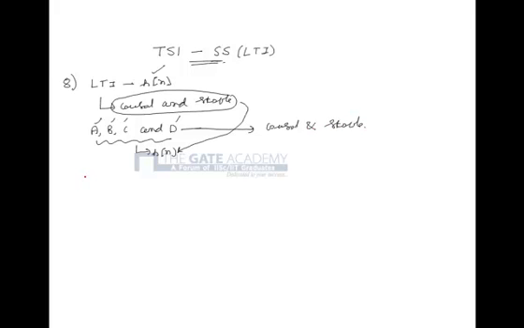So if a system is causal, then h of n should be equal to 0 for n less than 0. If a system is stable, then sigma n mod of h of n should be finite.